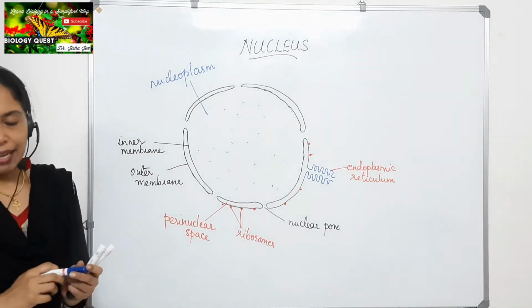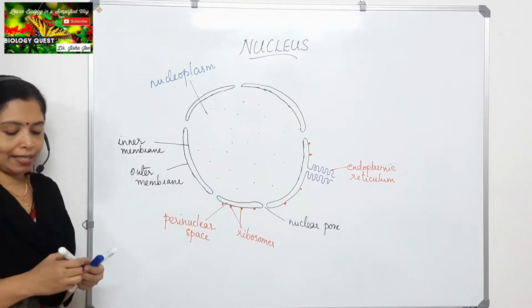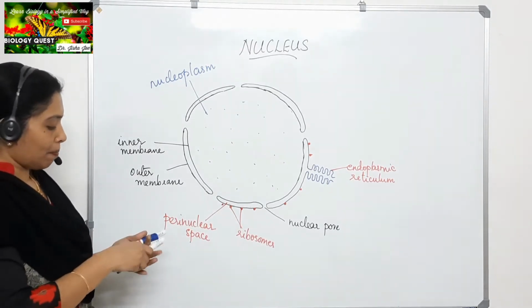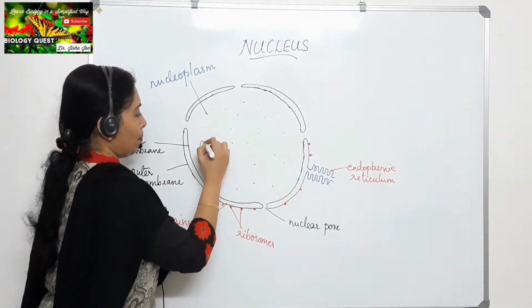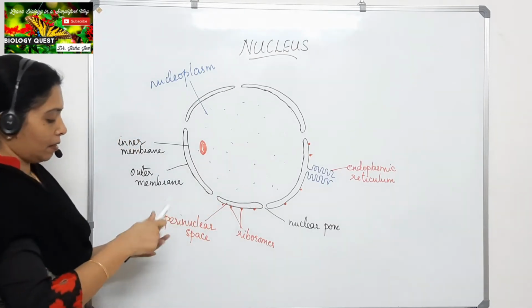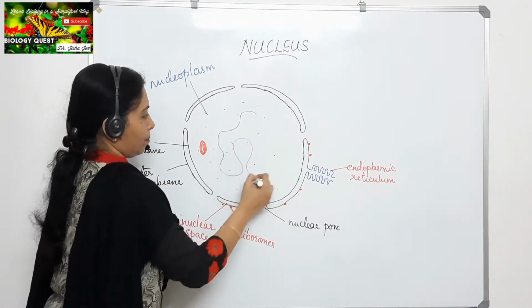This nucleoplasm contains the nucleolus and the chromatin fibers. That is the nucleolus and that is the chromatin fiber there.